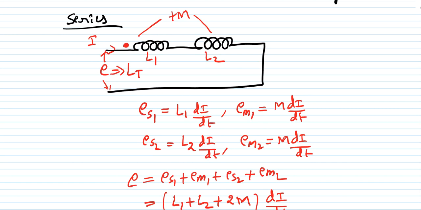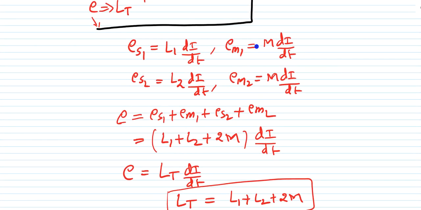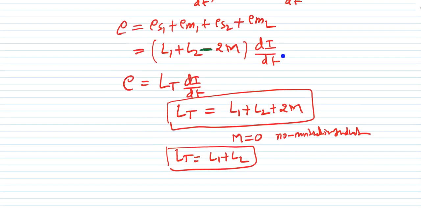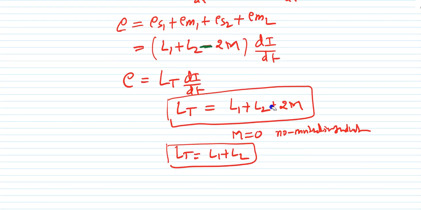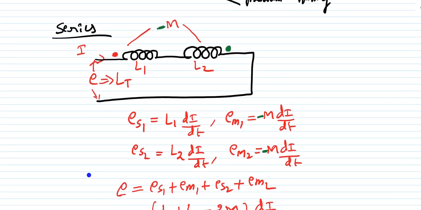If I change it like this, this is my dot now, then in this configuration one is entering and one is leaving, therefore my M is not going to be positive, it will be negative. So minus M will come, then you have to add this, and finally you are going to get minus 2M for the second scenario.